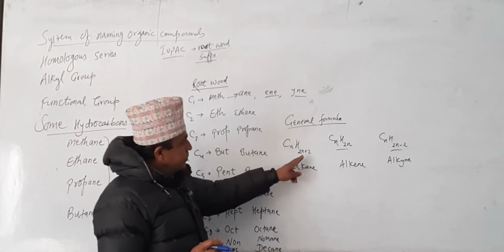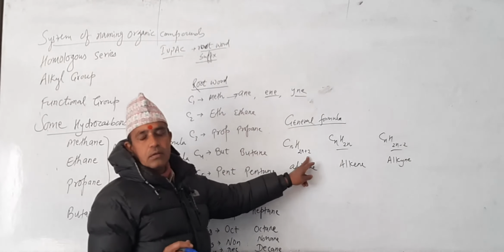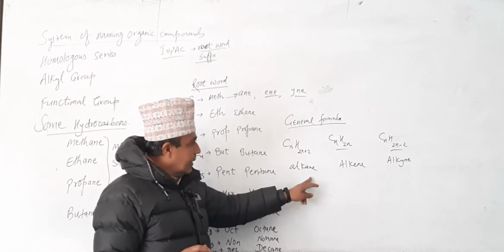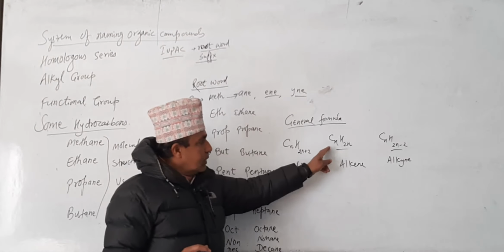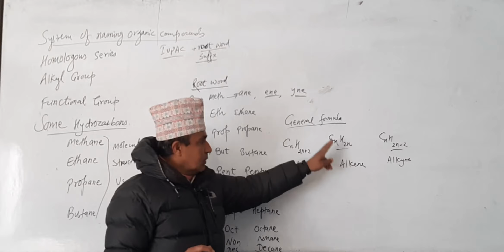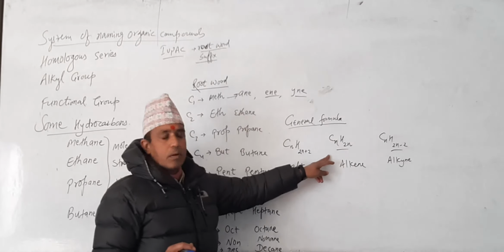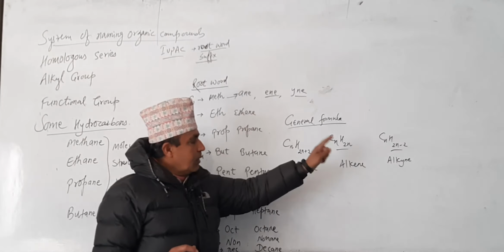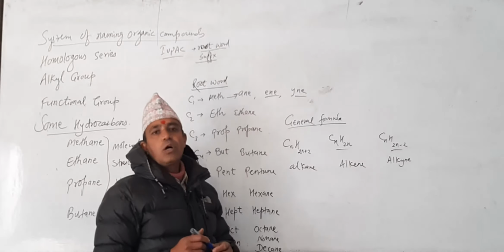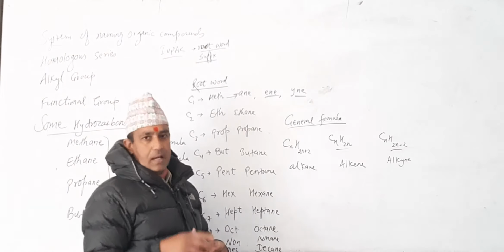Just compare the number of carbons and hydrogens present in the compound. If more than double, alkane. If the number of hydrogen is double the number of carbon, alkene. If the number of hydrogen is less than double of carbon, that is alkyne.